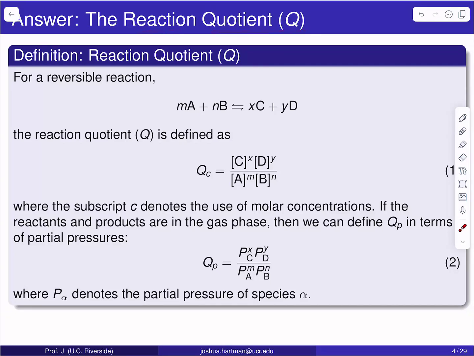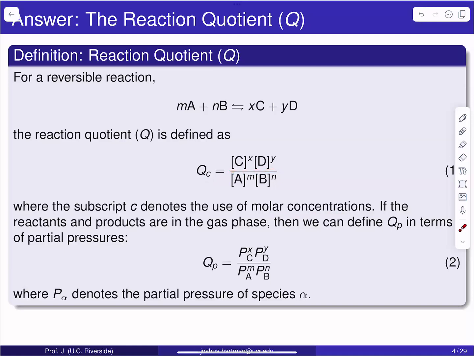We oftentimes denote the reaction quotient by a capital Q. So to define the reaction quotient, I want you to consider a generic reversible reaction where you have A and B coming together to form C and D, where we're using lowercase letters here, M, N, X, and Y to denote the stoichiometric coefficients. We define the reaction quotient in terms of concentrations, and I'm using a little c here to denote molar concentrations. We define it as a ratio.